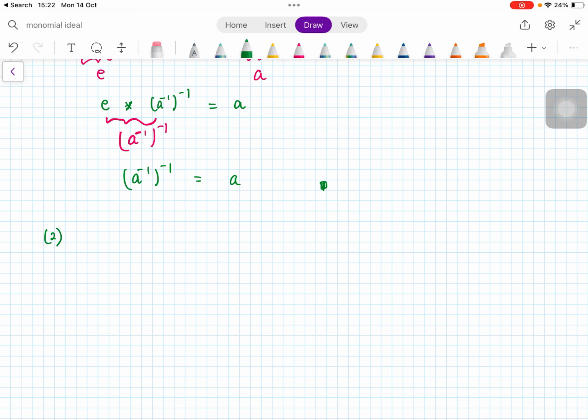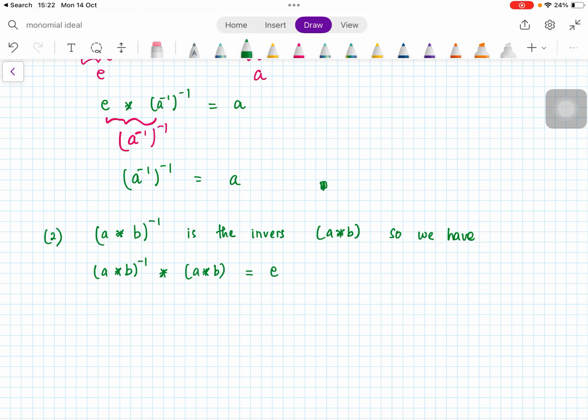So here we have A times B inverse is the inverse of A times B. So we have here A times B inverse times A times B equal to E, the identity.